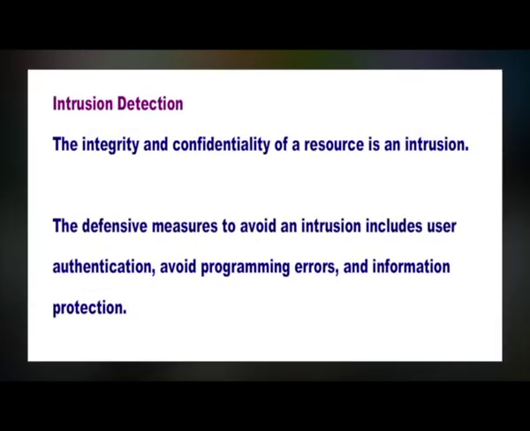The integrity and confidentiality of a resource is basically questioned. The defensive measures to avoid an intrusion are detection, user authentication, avoiding programming errors and information protection. Data mining also helps to improve intrusion detection by adding a level of focus to anomaly detection. By the way, an anomaly is a peculiar or strange deviation from the normal happening.